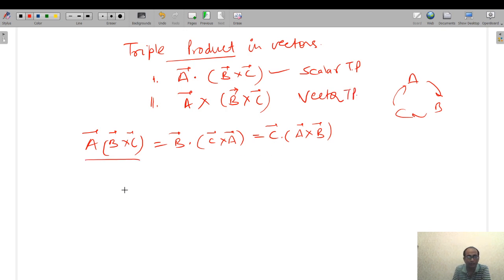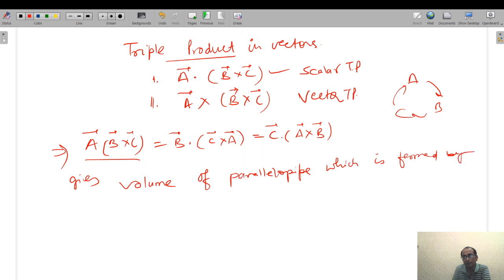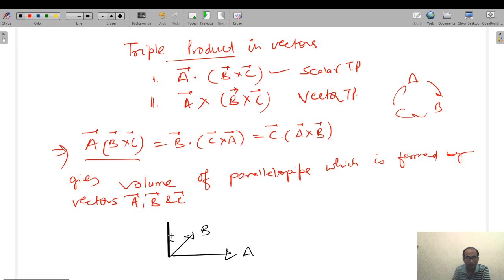So this scalar triple product, what does it give? It gives the volume of the parallelepiped formed by vectors A, B and C. Let us see, if this is vector A, this is B and this is C, we can make a parallelepiped here.